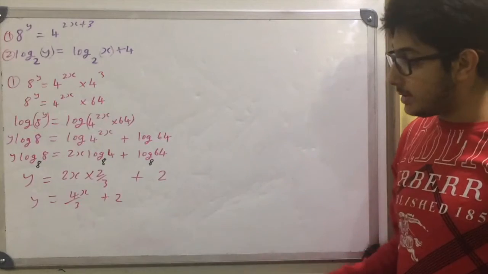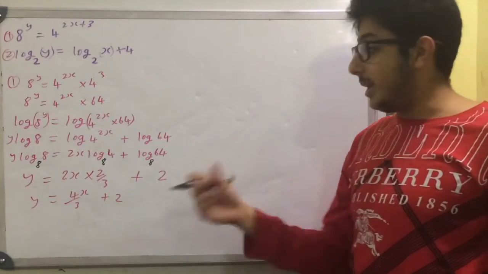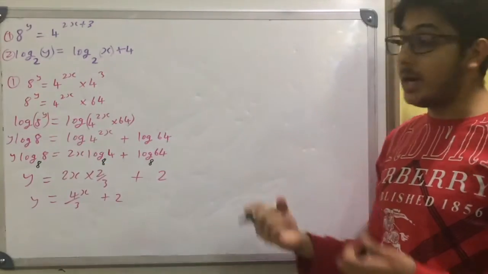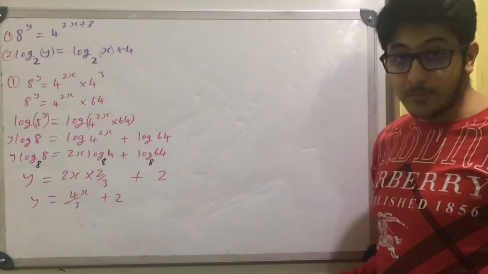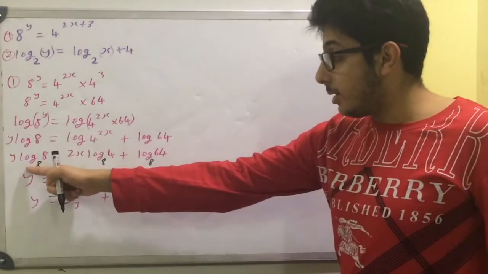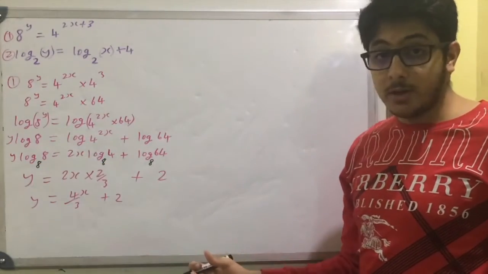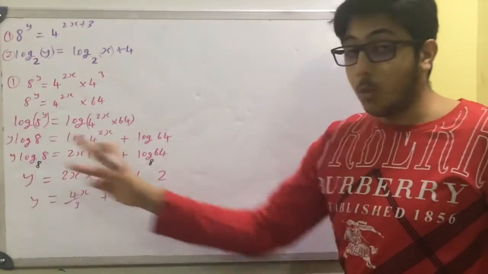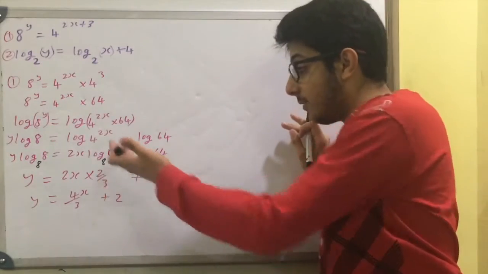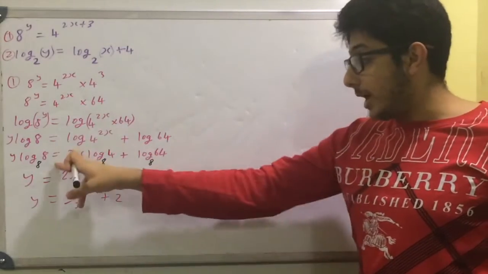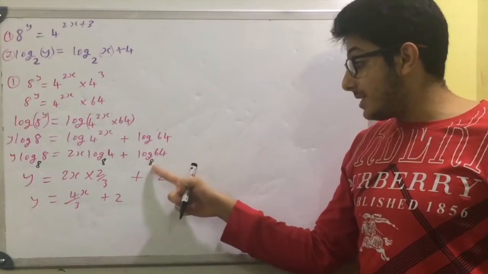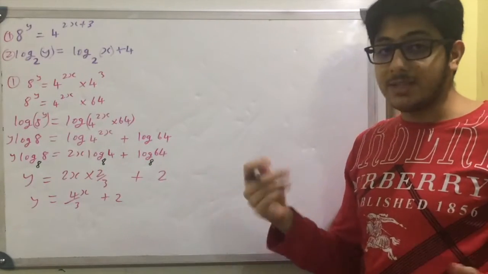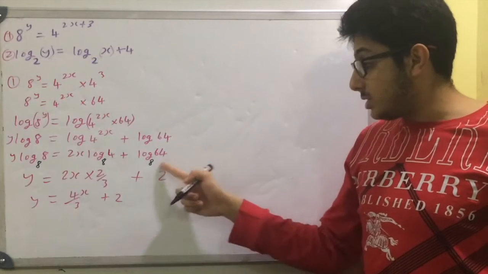Okay, then I realized I could have used base 8. Alright, this is an example where choosing a specific base is very helpful. Because that means that logarithm base 8 of 8 just becomes 1, so y times 1 is y, and logarithm base 8 of 4 is 2/3, so 2x times 2/3 is 4x over 3. And logarithm base 8 of 64, well, 8 squared is 64, so that's just 2.